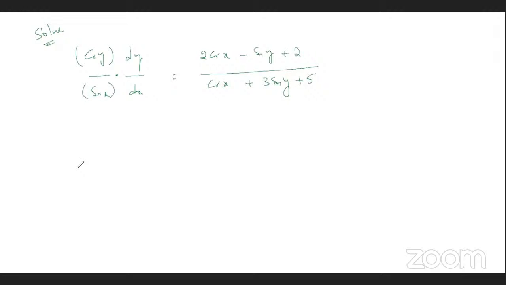Let's note on this question. Solve cos y by sin x into dy by dx equal to (2 cos x minus sin y plus 2) by (cos x plus 3 sin y plus 5).